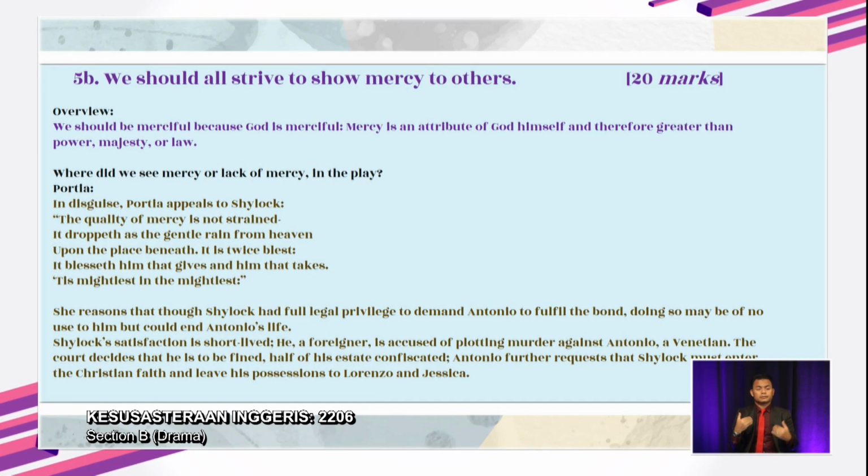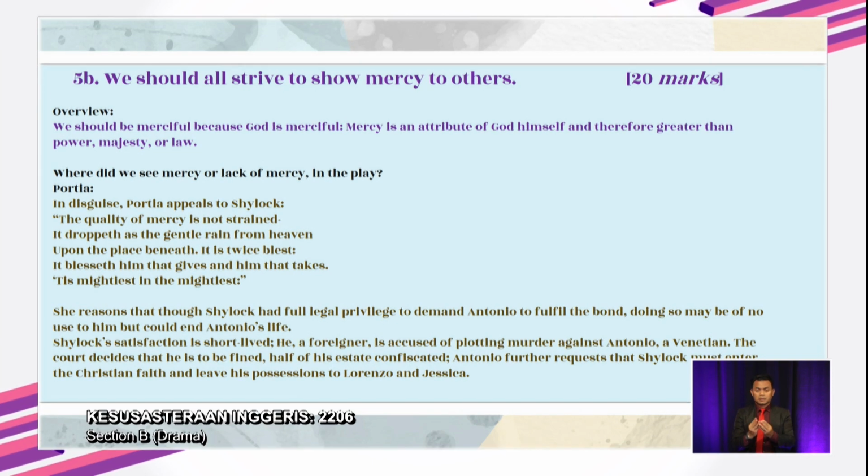And what she does in the court of law is to trap Shylock with the idea of mercy. When Shylock realizes too late he is actually on the losing end of the short stick, he is left with literally nothing.